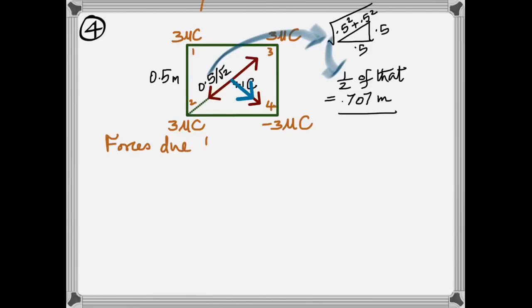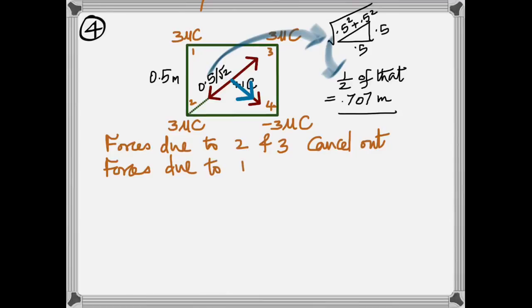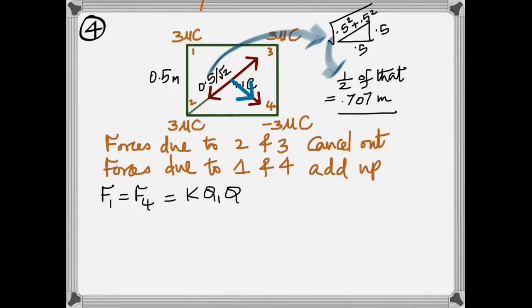Well, it's not 0.707. I'm going to change that. And the forces due to 2 and 3 definitely cancel out, as you see. But the forces due to 1 and 4, they add up. And also the force due to 1 and the force due to 4 are equal, both given by this formula.